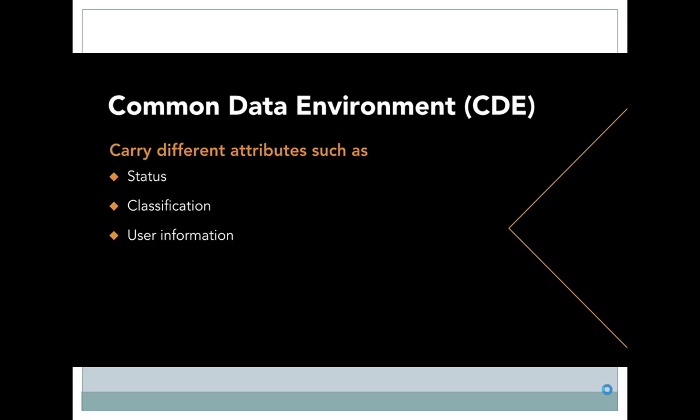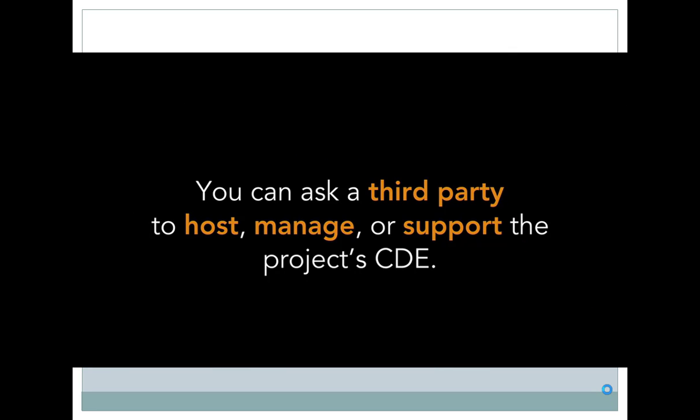The common data environment should be defined and set up by the client, or at least the client should describe the essentially required features so that the delivery team can select the appropriate platform. If the client doesn't feel confident about doing it themselves, they can ask a third party to host, manage or support the project common data environment.